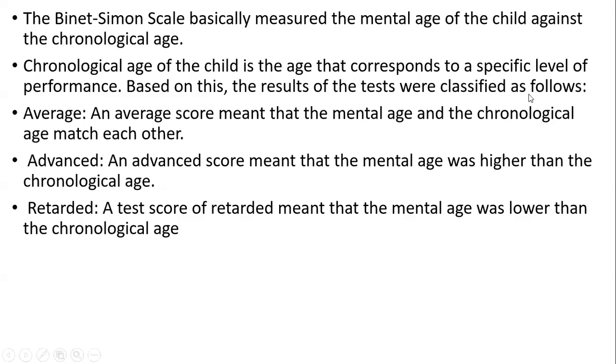Average, look here, average score means that the mental age and the chronological age match each other. So average children means their normal age and their mental age are equal. Advanced means their mental age is higher than their normal age.